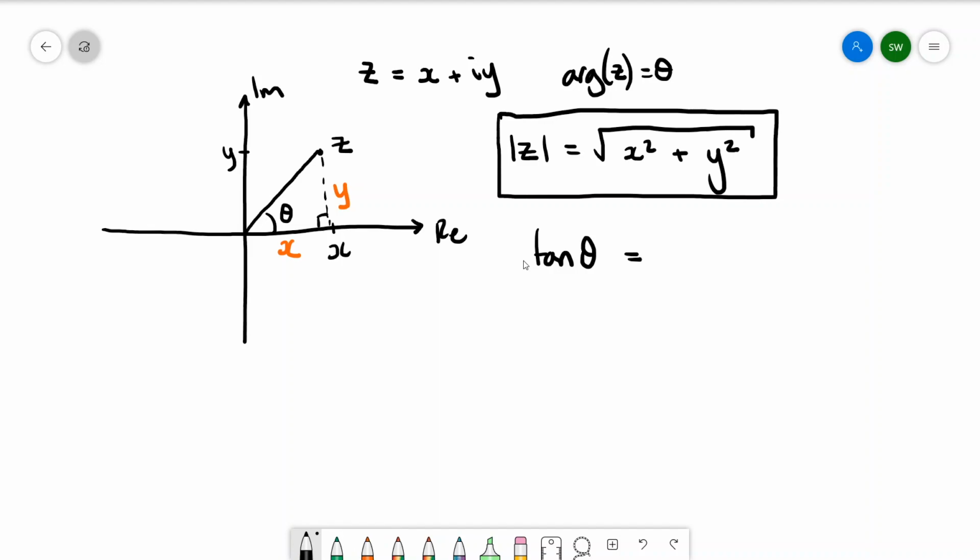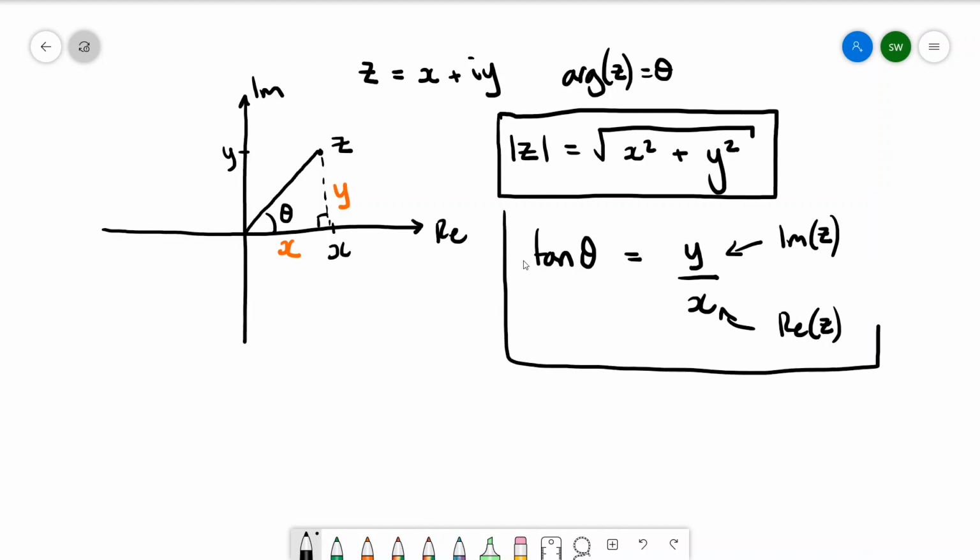So in general, tan theta is equal to y over x, where y is the imaginary part and x is the real part of the complex number. That's also a really useful formula which we'll use later on.